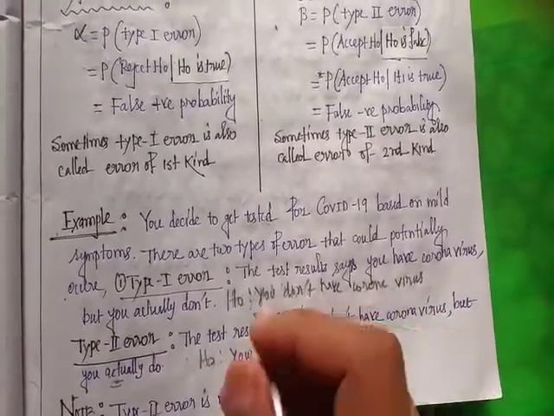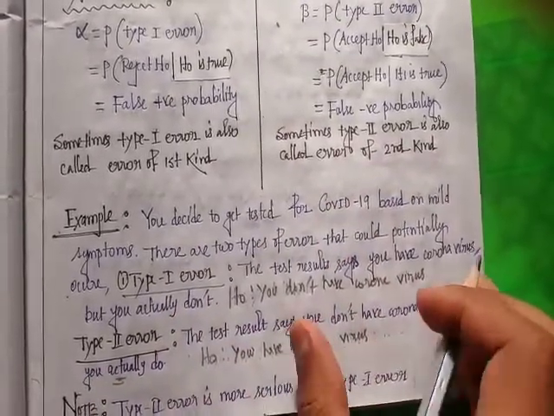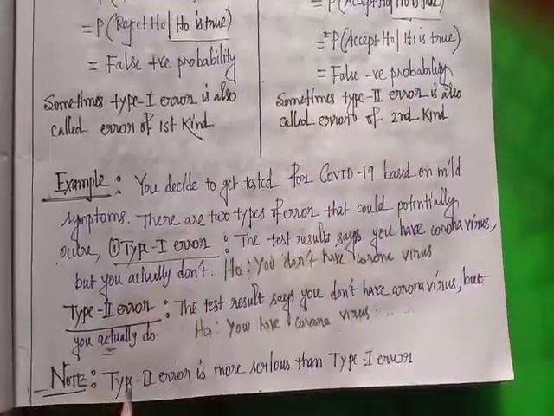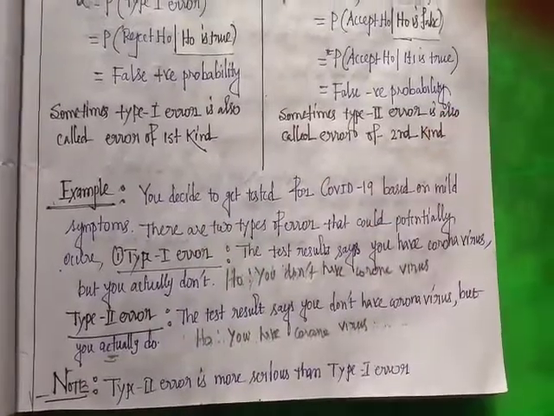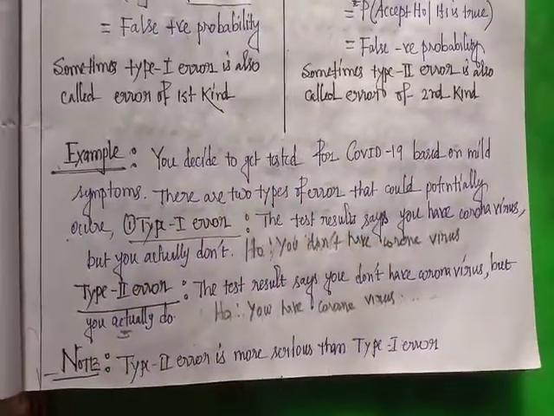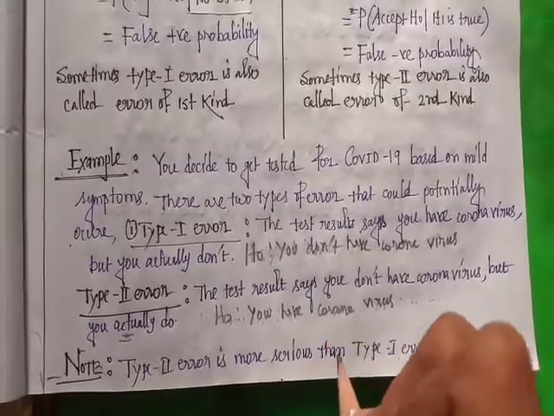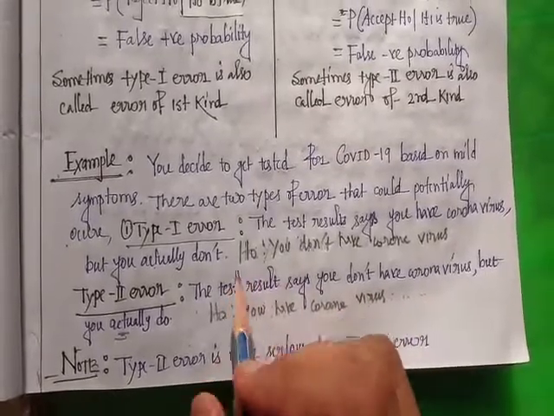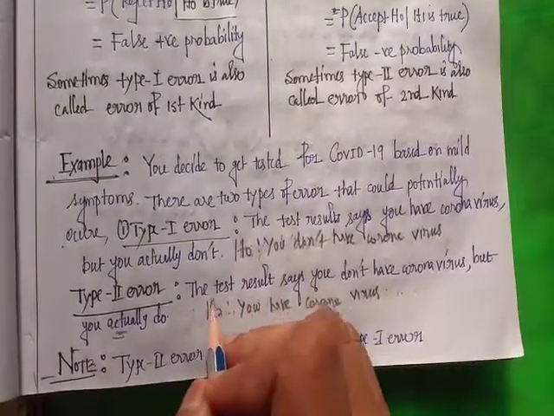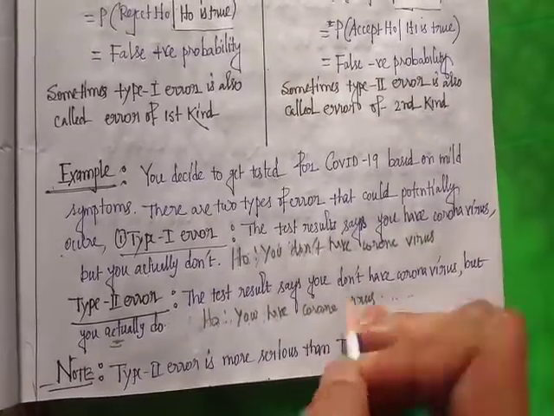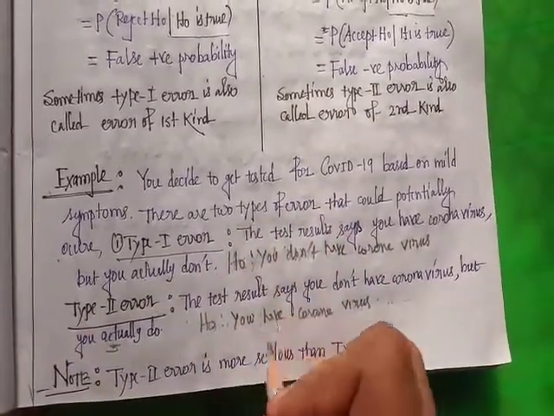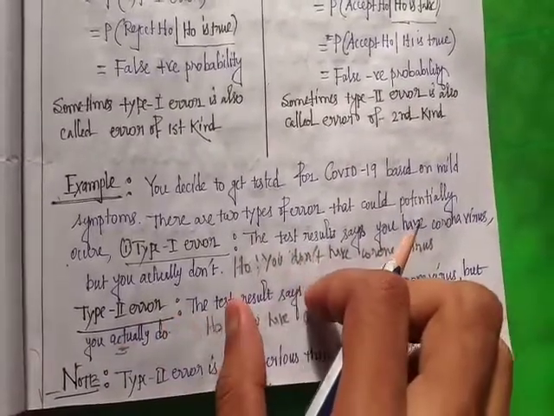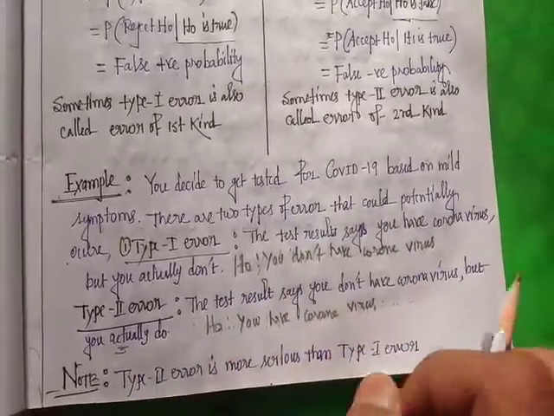We accept this false decision, and type 2 error occurs. Also note that type 2 error is more serious than type 1 error, since in this example the test result says you don't have coronavirus, but you actually do. This is a more serious problem.